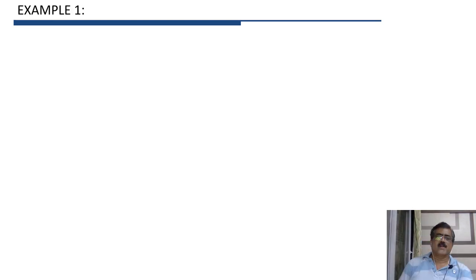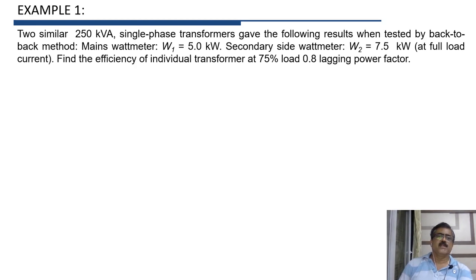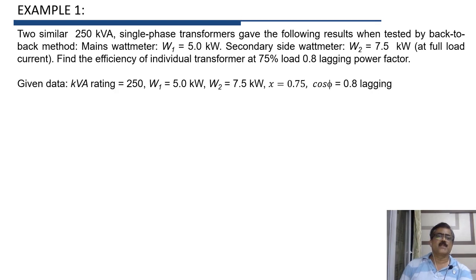Let us now solve one example on back-to-back test. It is given that two similar 250 kVA single phase transformers gave the following results when tested by back-to-back method. Means the transformers are tested by back-to-back method and the kVA rating of each transformer is 250 kVA.